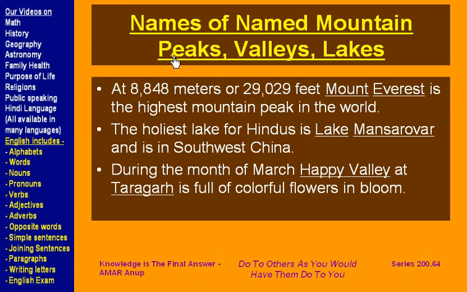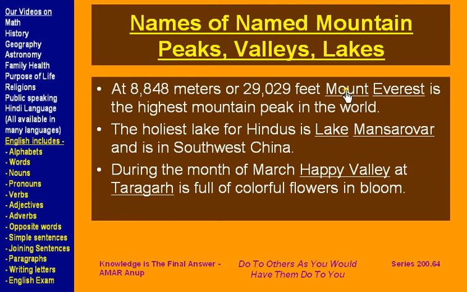Names of named mountain peaks, valleys and lakes are capitalized. So at 8,848 meters or 29,029 feet, Mount Everest is the highest mountain peak in the world. So this is the name of the mountain, Mount Everest.